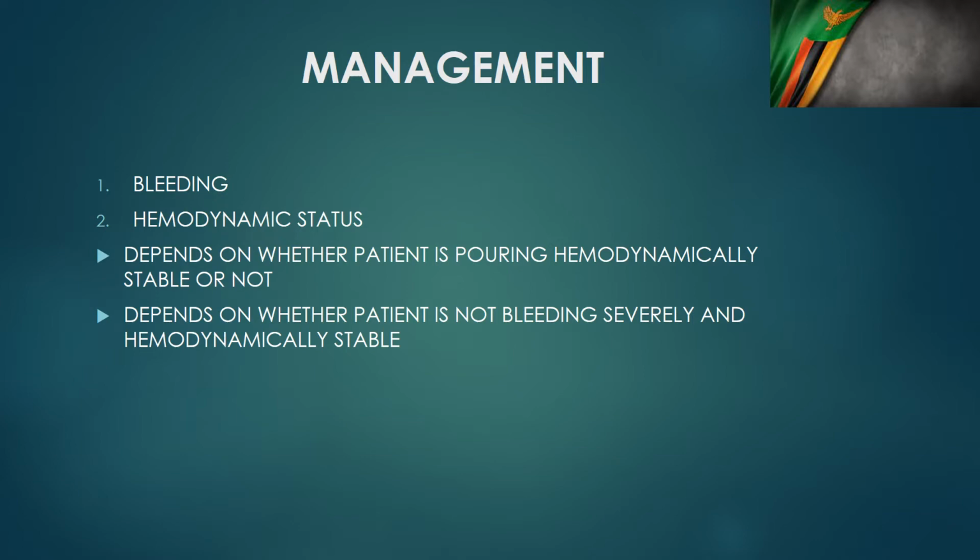If somebody has had the torrential bleed, their bed is wet, all their clothes are wet, they've bled, we have to deliver these patients despite their hemodynamic status. Of course, when a patient has poor hemodynamic status, they have to be delivered. It's that patient who has bled but has a normal hemodynamic status.